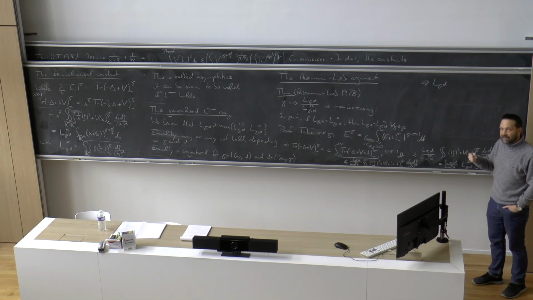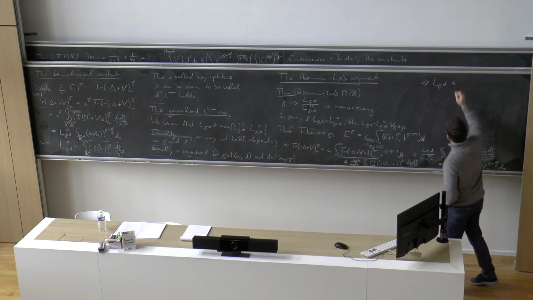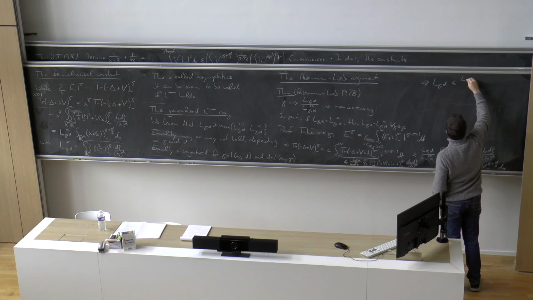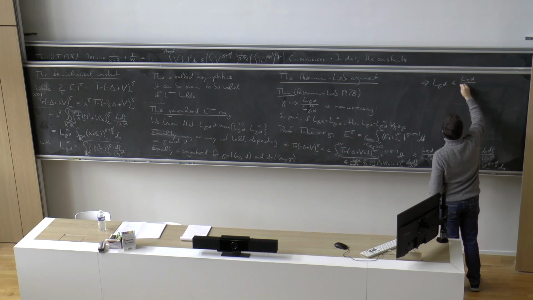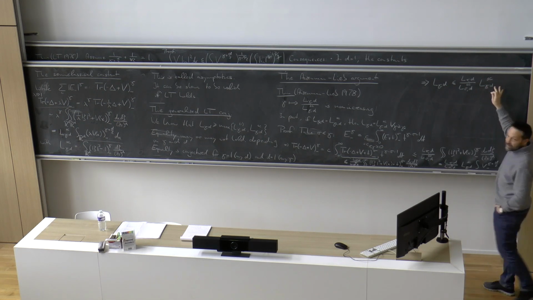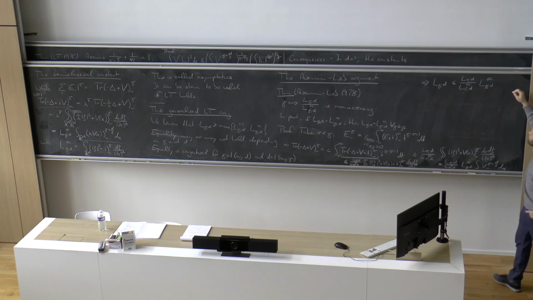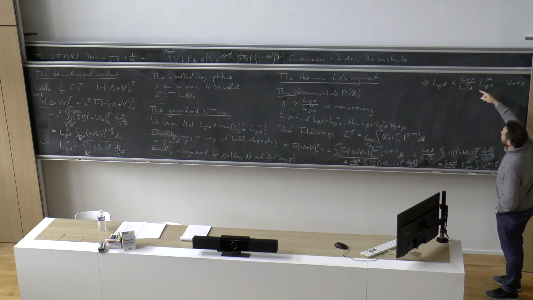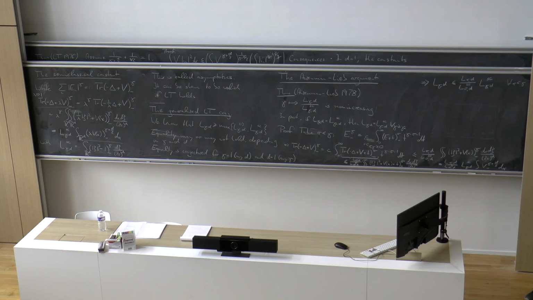The optimal constant is certainly smaller than whatever I found. So that is L sigma d divided by L sigma d semi-classical times L gamma d semi-classical. That's what we've shown, and we've shown that for every sigma smaller than gamma, and that's exactly the monotonicity. That's the Aizenman-Lieb argument. Yes, please.